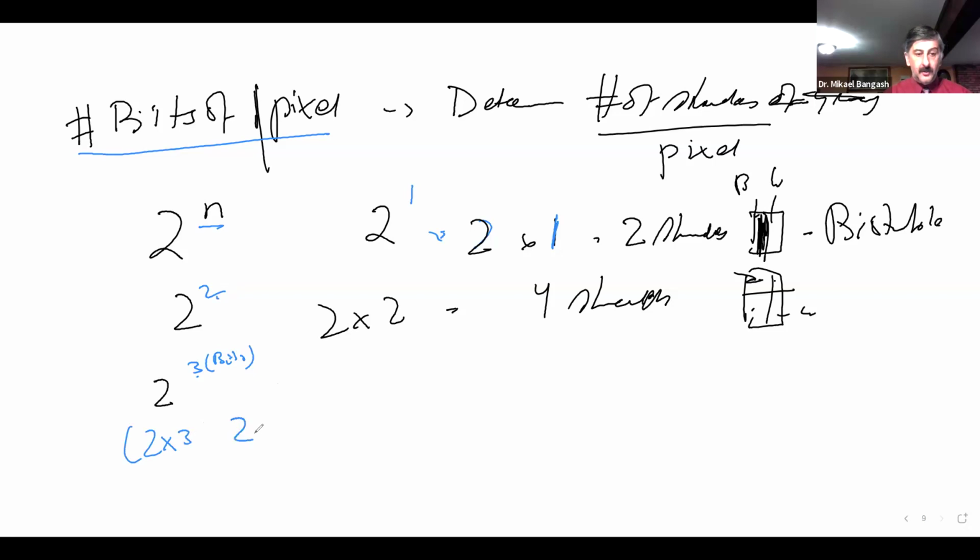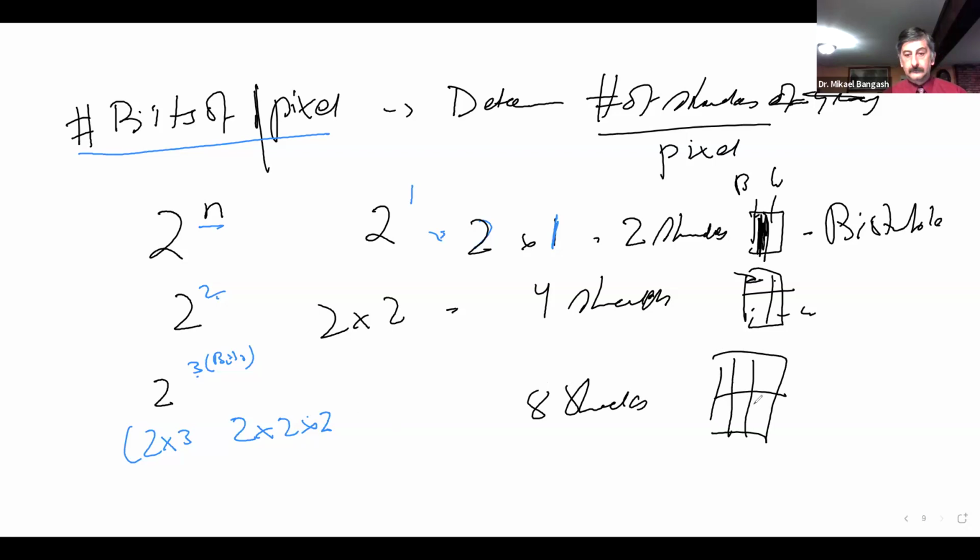It means you multiply 2 by itself 3 times. So we end up with 2 times 2 is 4, times 2 is 8. We'll have up to 8 shades per pixel if a pixel has up to 3 bits.